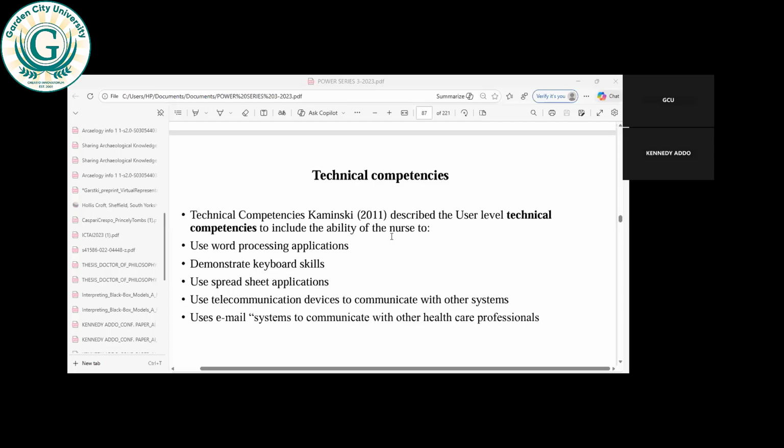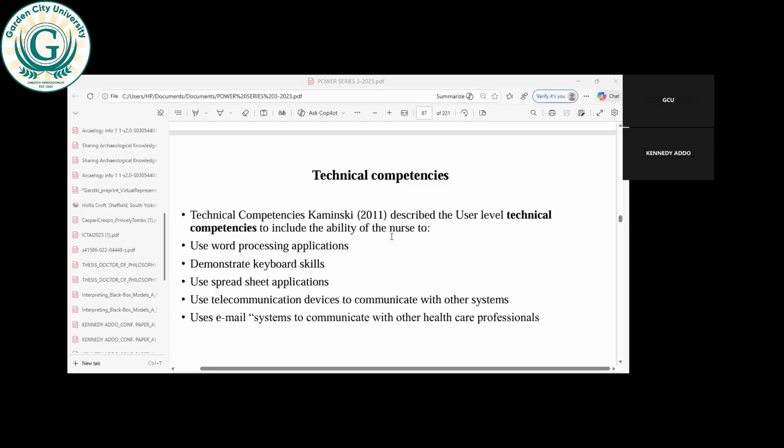Now, you should be able to use word processing applications and demonstrate keyboard skills. If you are, say, a data entry person who types one key and then after maybe 20 seconds has not been able to identify another key, that doesn't classify you as a beginner. If you don't see yourself here, I don't know where you are going to classify yourself.